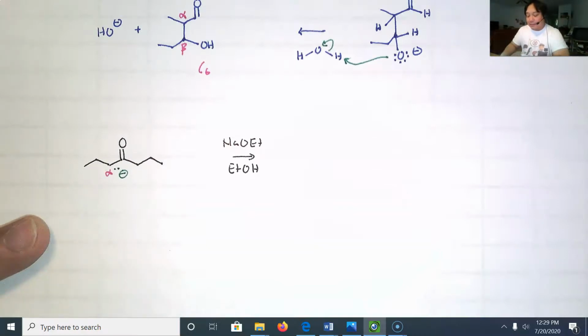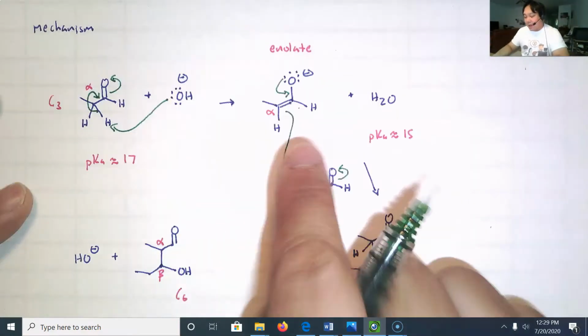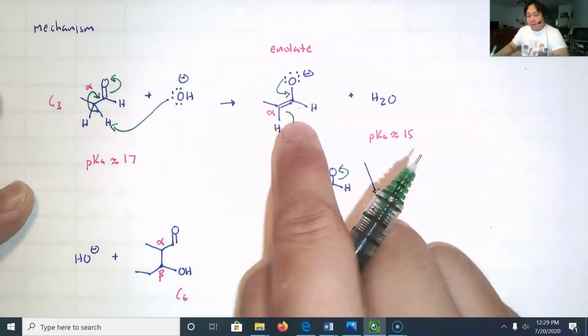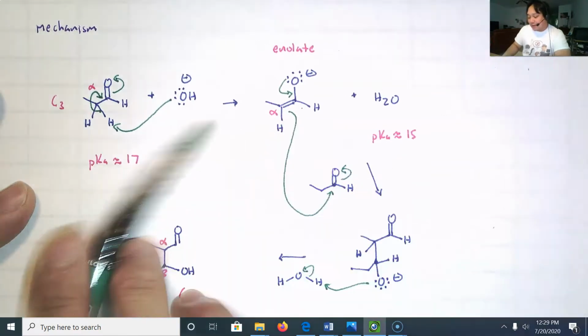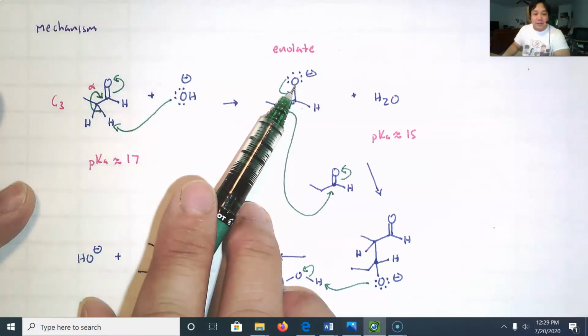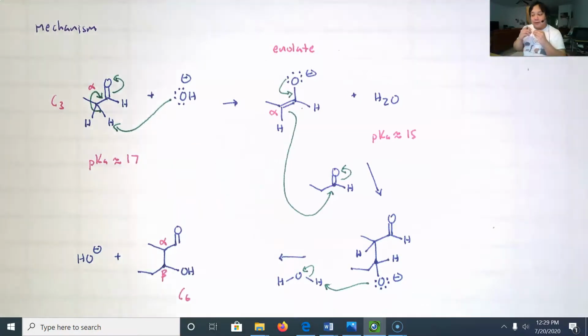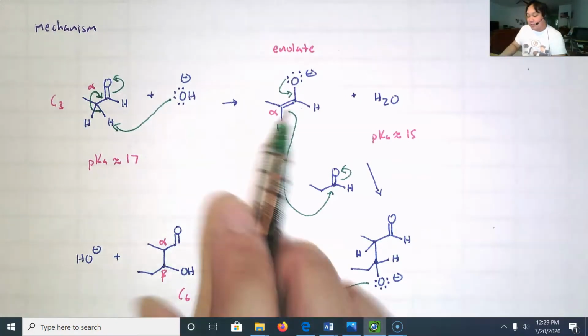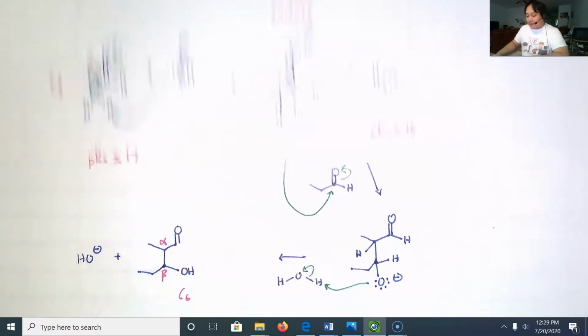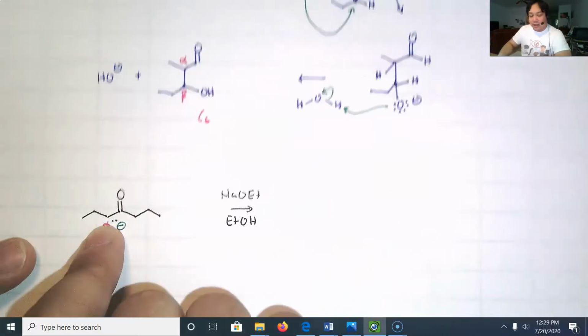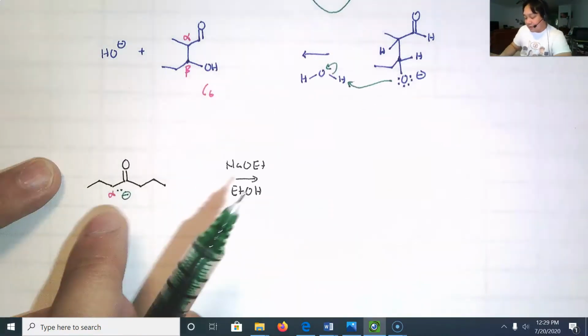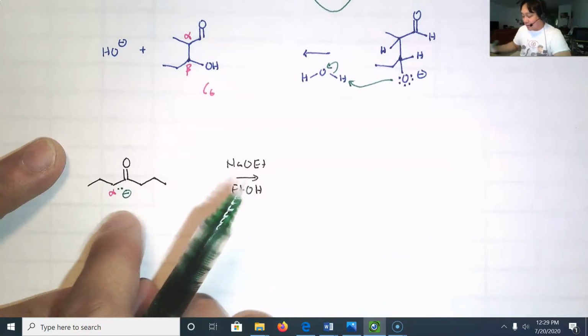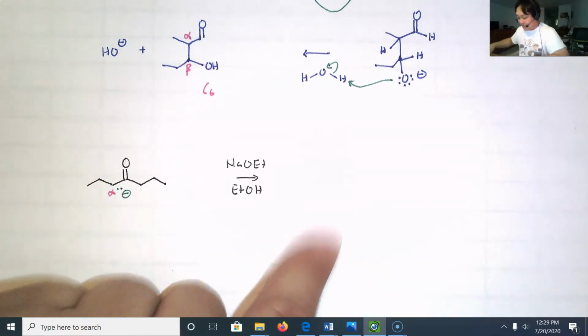Again, in the mechanism, do you notice that we never had a negative charge on the carbon, because I bypassed that to make the negative charge on the oxygen. But in terms of getting the final product, we're going to attack through the carbon, and that's why I draw the negative charge here. Again, my grader's not checking my scratch work. My grader's checking what's here.